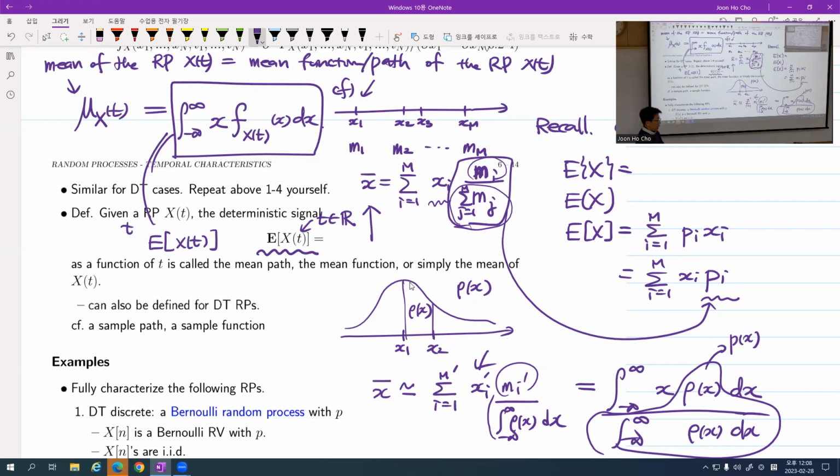The mean path does not give you the entire knowledge of your random process because it involves only what? The first order PDF, right? Joint distribution is very important in many cases. And many stupid things occur because we ignore the dependency between jointly distributed random variables, as you've already seen, right?